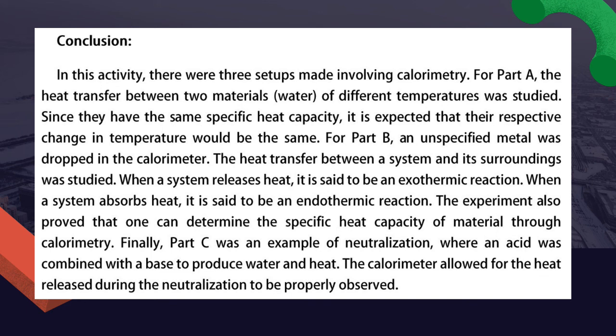The heat transfer between a system and its surroundings was studied. When a system releases heat, it is said to be an exothermic reaction. When a system absorbs heat, it is said to be an endothermic reaction. The experiment also proved that one can determine the specific heat capacity of a material through calorimetry.